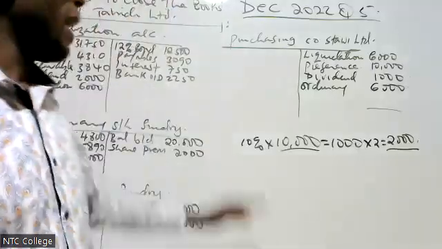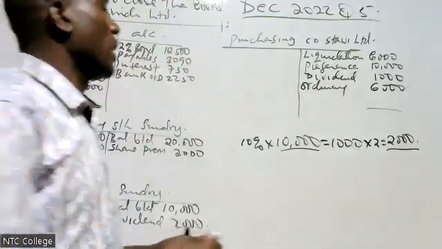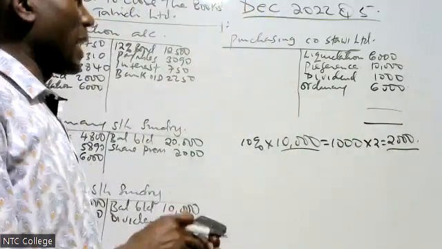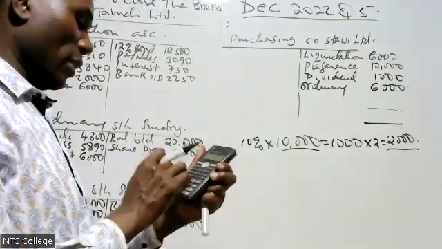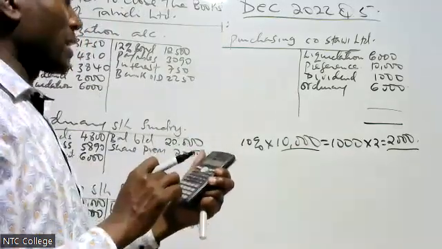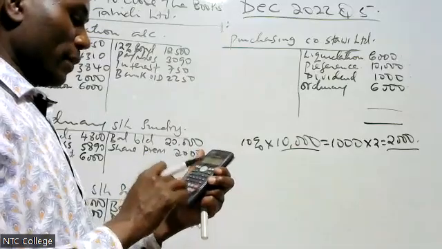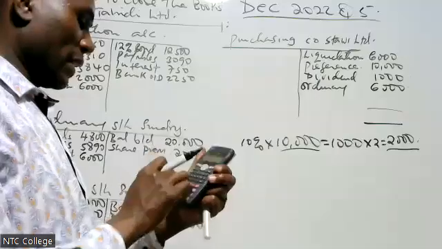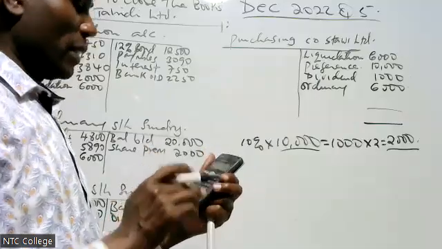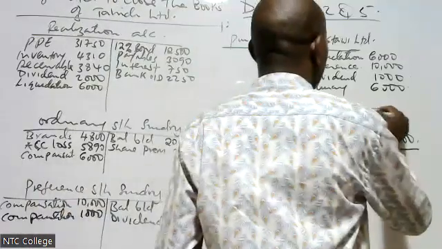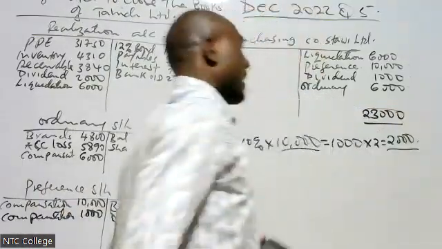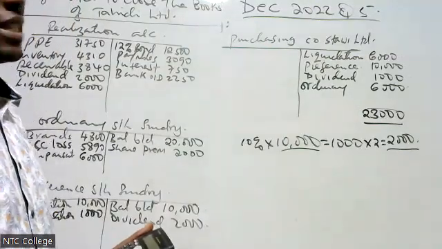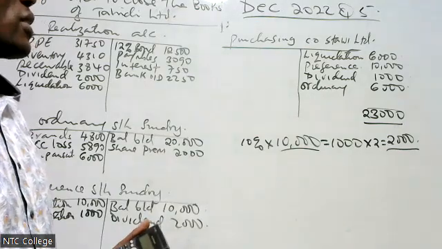Okay, now after we have this, we close the books. How much is our total realization? I will take 6 million plus 10,000 plus 1,000 plus 6,000, and we get 23. That is our total purchase consideration.